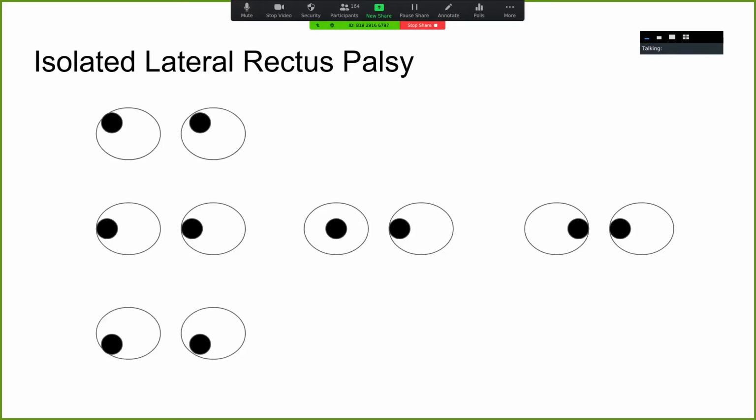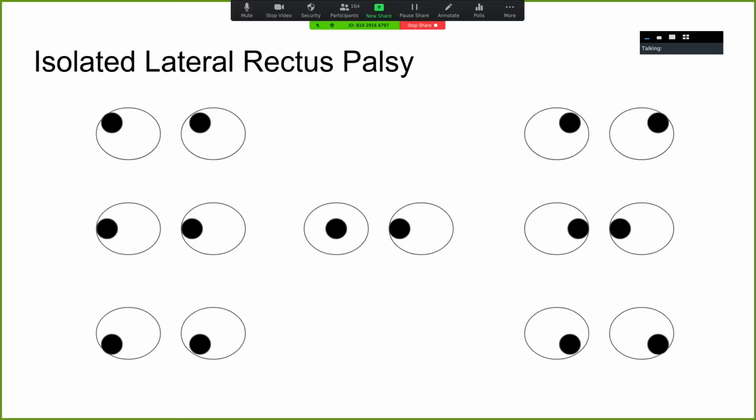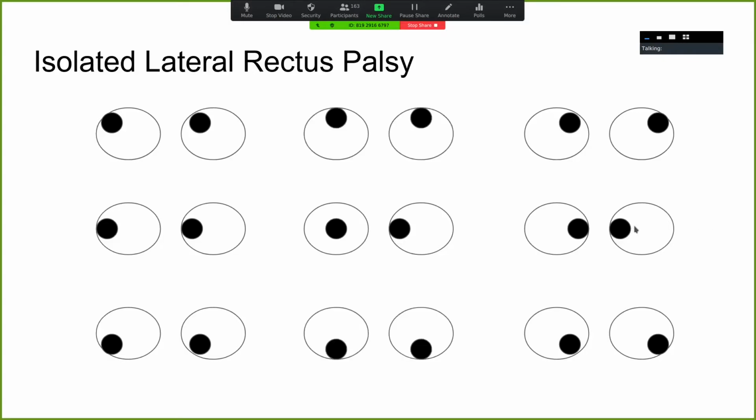Okay, you did the maneuvers, nothing wrong on gaze to the right, up and down. The patient was able to look up because that is a function of the obliques, which are controlled by your third nerve. It's really just horizontal movement of that eyeball that was compromised. So it's a purely isolated lateral rectus palsy on the left.